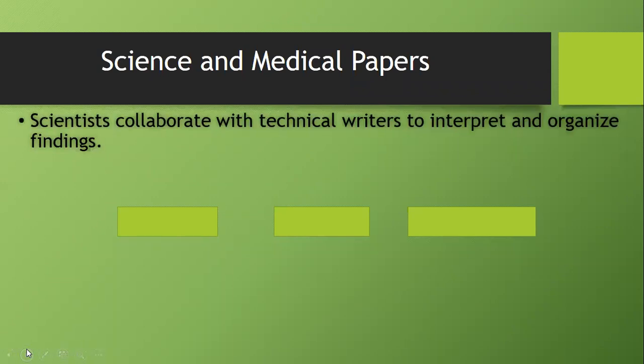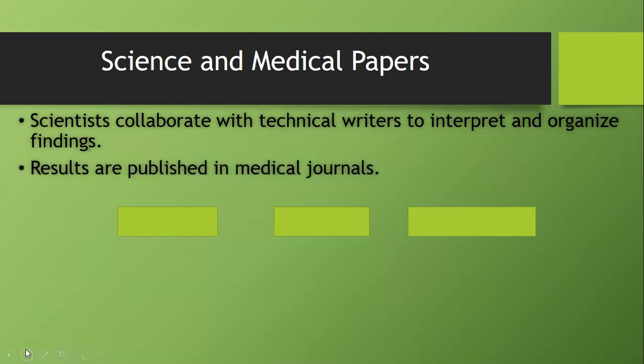So sometimes we write papers, especially when we do term papers or research papers, we have to collaborate with the professors involved and interpret and organize the findings and see if they are correct. And that is also one of the functions that we have at the AWC, the Academic Writing Center at King Abdulaziz University. And these results are sometimes published in medical journals, right?